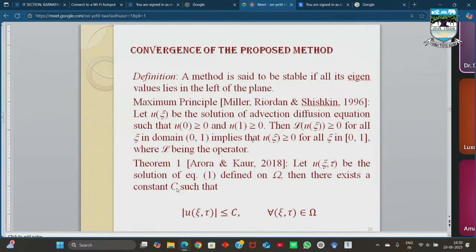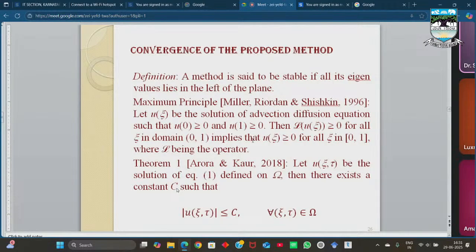Now, to discuss the convergence of the proposed scheme, the method of eigenvalues can also be used, in which all the eigenvalues lie in the left half of the plane. Then we have to discuss the existence of the solution; the maximum principle proposed by Miller, Riordan and Shishkin has been discussed. Then our next theorem: for the function u of equation 1 defined on the domain Ω, there exists a constant c.